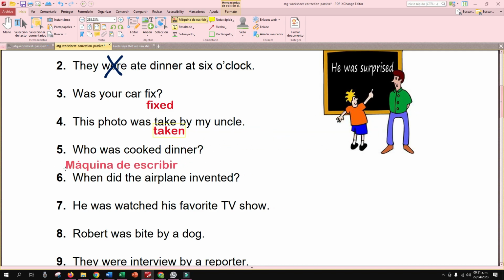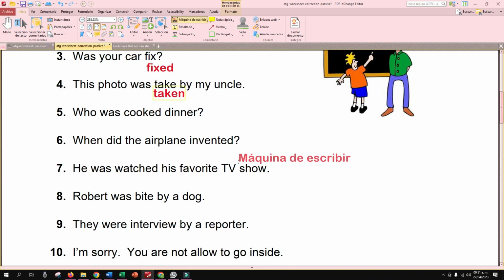Very good. Who was cooked dinner? Is it okay? Who cooked dinner? Perfect. We don't need was there. Excellent. So who cooked dinner?